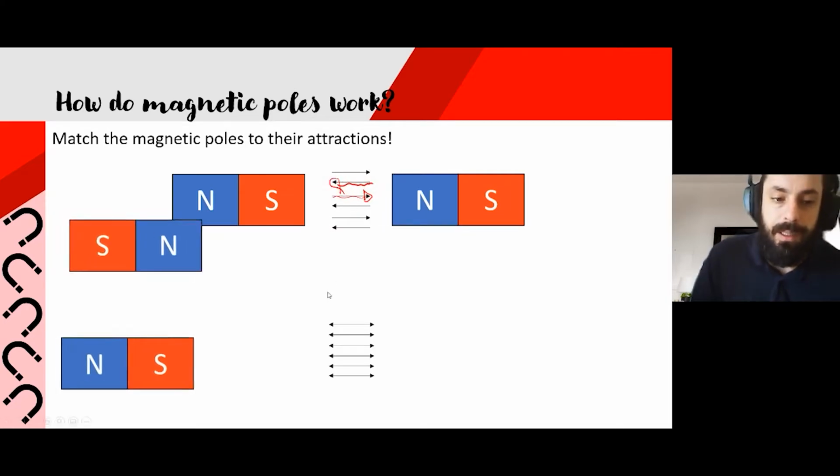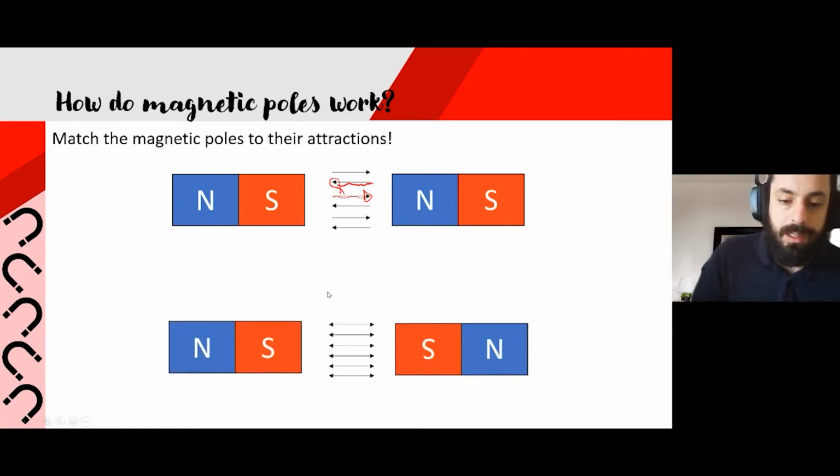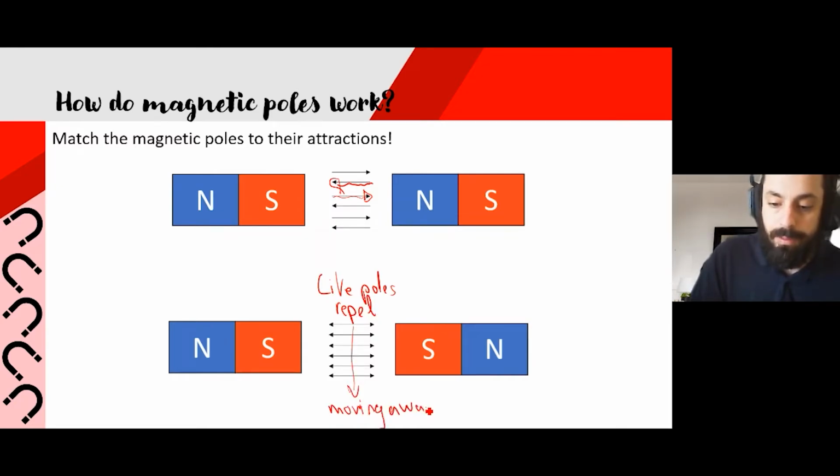Okay. And then these ones are slightly different. We've got south over here and south over here. Remember, like poles repel. Once again, repel is moving away or pushing away. Okay.